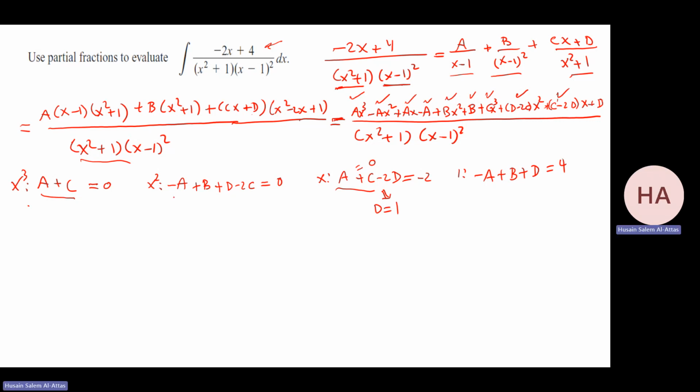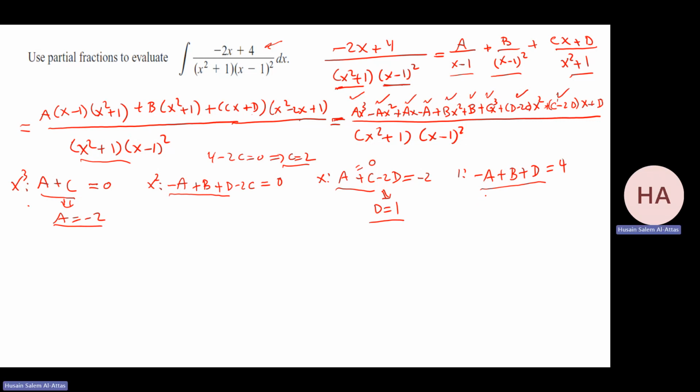I notice this is minus A plus B plus D equal to 4. So you have 4 minus 2C equals 0. So C equals 2. If C equals 2, that implies A equals minus 2. So I got A, I got C, I got D. What's the remaining? B.